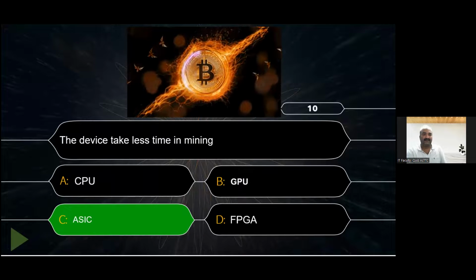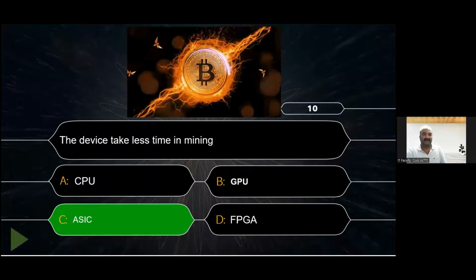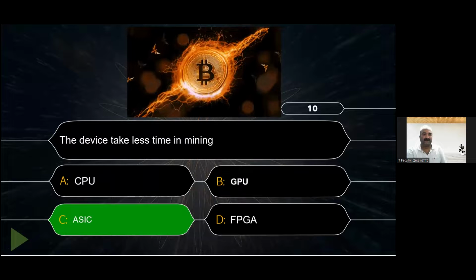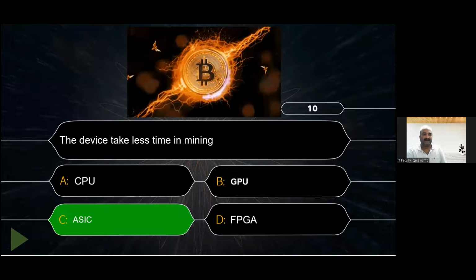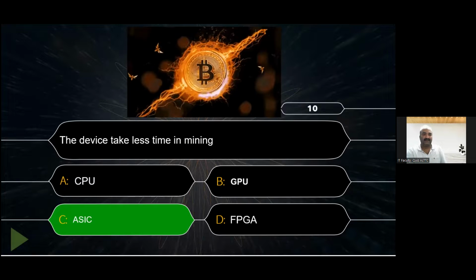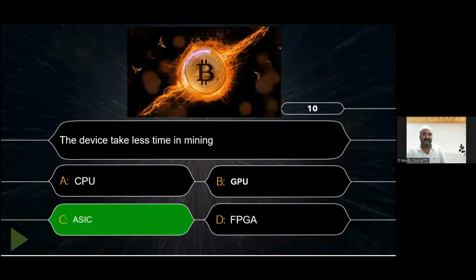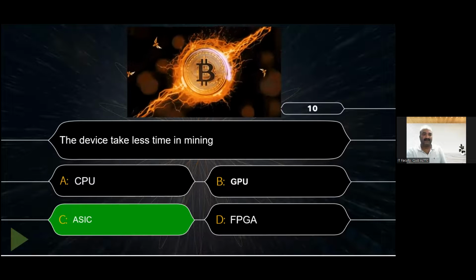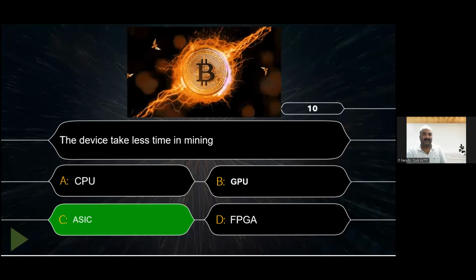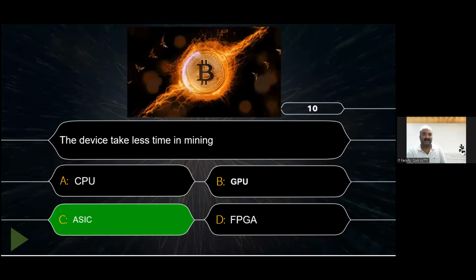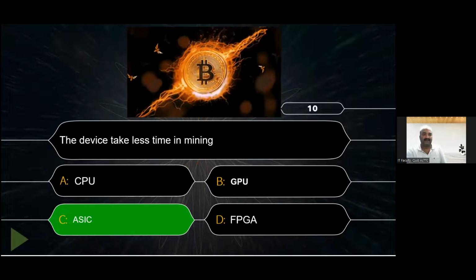ASIC is the correct device that takes less time in mining. ASIC stands for Application Specific Integrated Circuit, and it is very fast to calculate SHA 256 based encryption. So this is a quite good explanation. Now moving on to the next question.